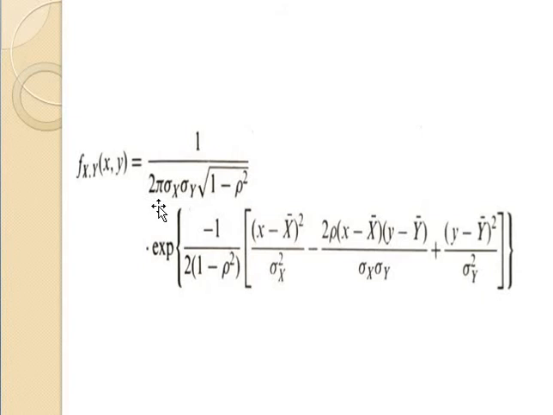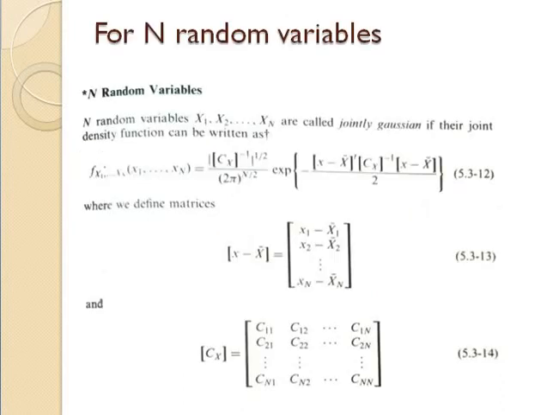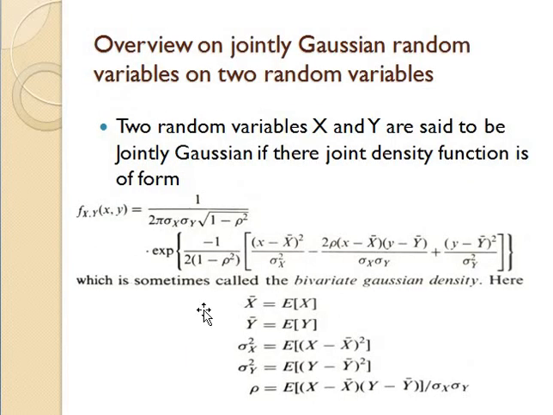So the overview of this lecture is that by using this value, we can calculate the jointly Gaussian density function of only two random variables.